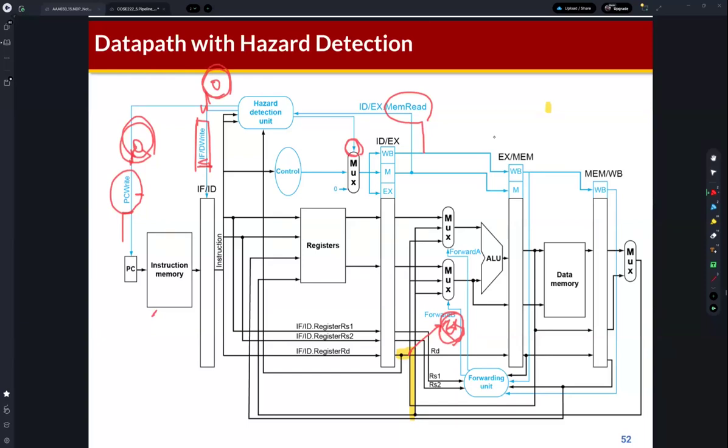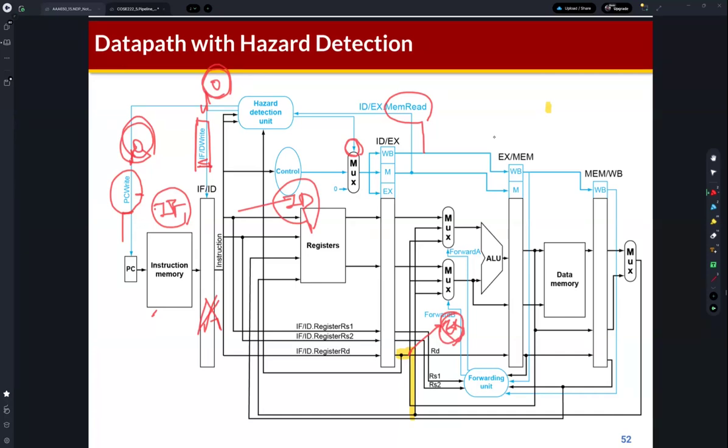Then it is not updated, so the instruction is not propagated to the next stage. So instructions in the instruction fetch and ID stages are maintained, just stored in these two stages, right? So they stay in these stages.